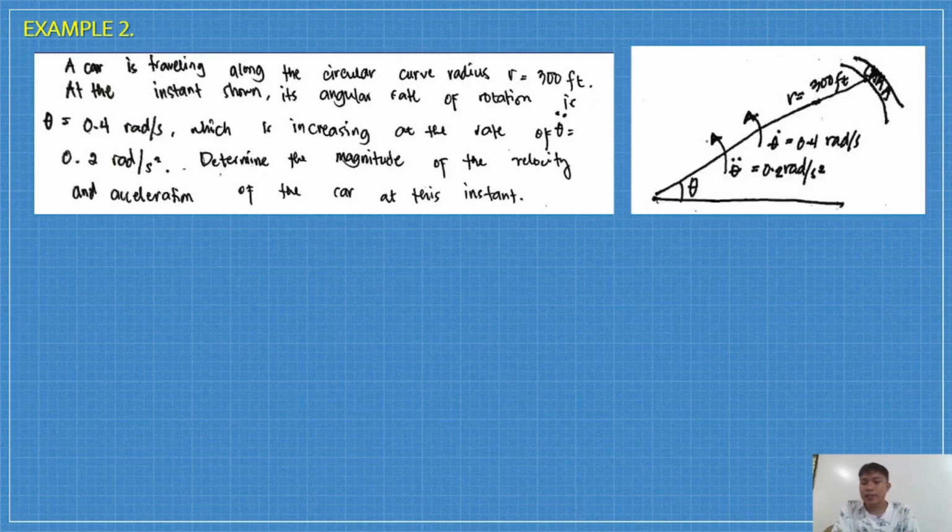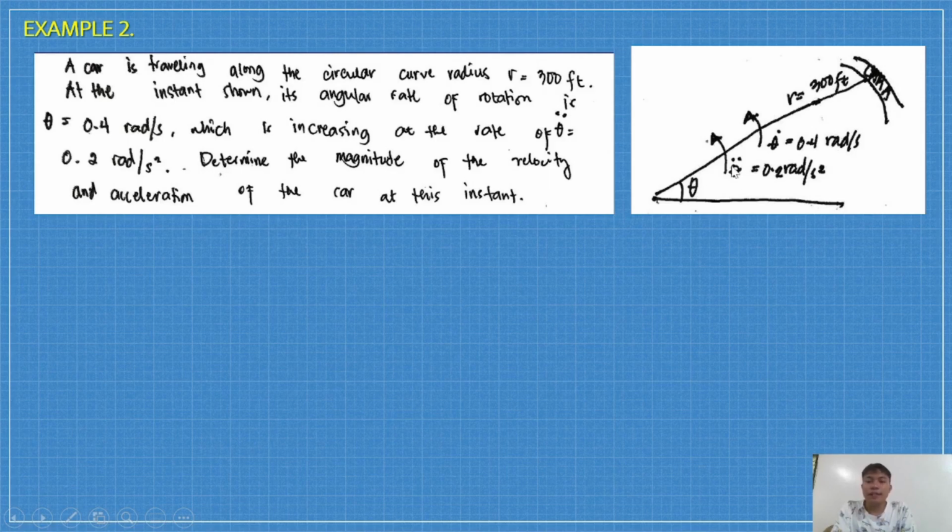So determine the magnitude of the velocity and acceleration of the car at this instant. Here is the illustration of our problem. Here is our car, and this is our radius, 300 feet, and this is our theta.